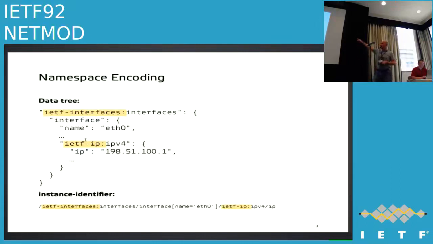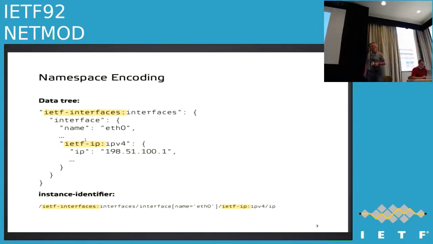Here we have to have the namespace on the top-level interfaces container, and then the child nodes and descendant nodes need not have these identifiers as long as they are in the same interfaces module, but as soon as the namespace changes, as it is the case for the IPv4 node, which is in the IP module, then the namespace has to be present.